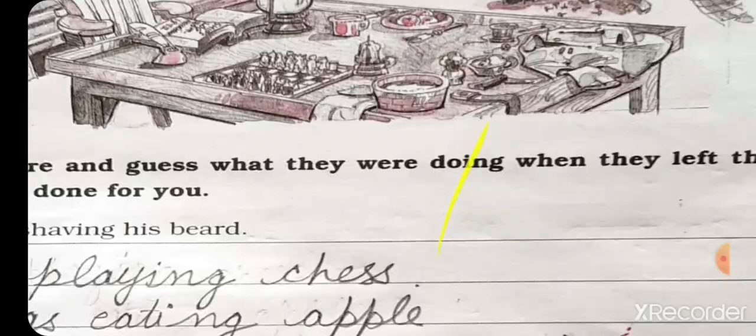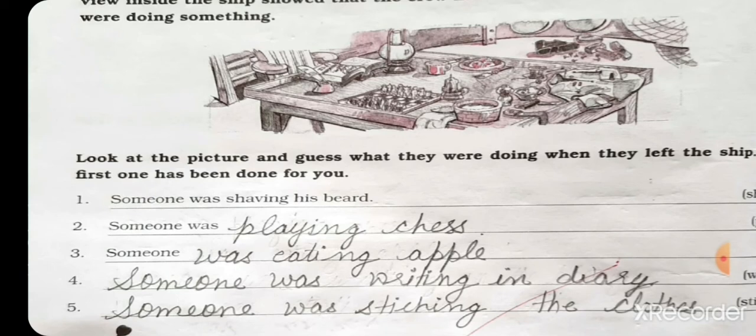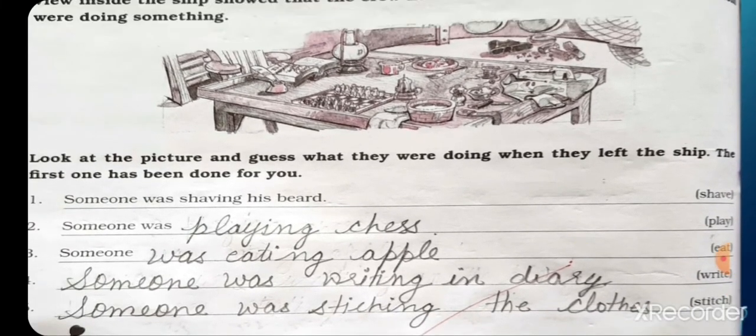Yes, students, here some helping verbs are also given to us in brackets. Like first one is shave. So students, someone was shaving his beard. Then students, someone was playing chess. Okay, the word play is given to us, students, in brackets, and a picture of chess is also given. So someone was playing chess.